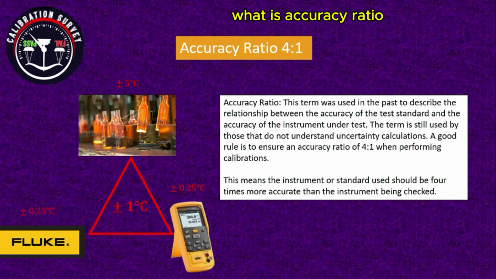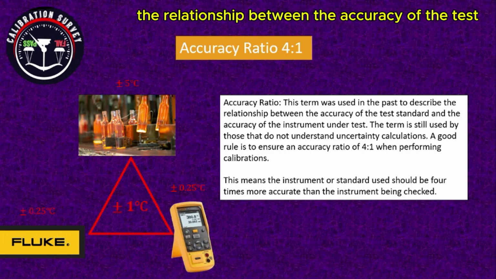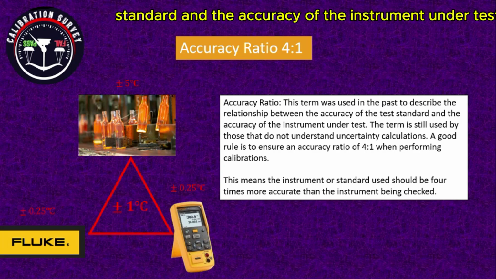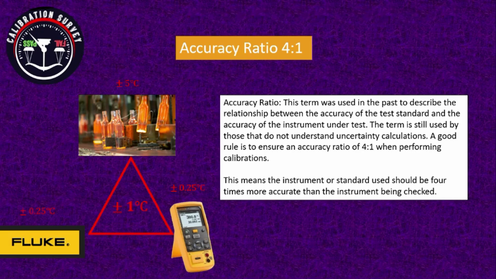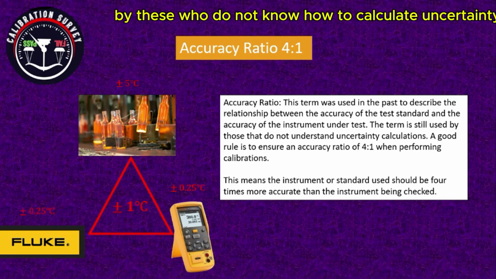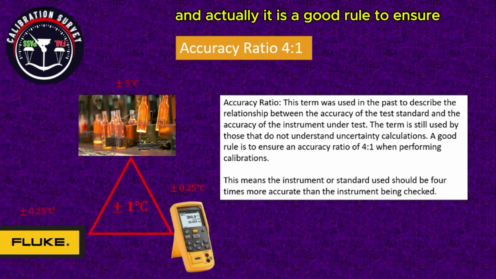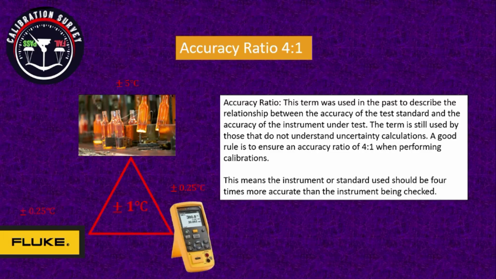So what is accuracy ratio? This term was used in the past to describe the relationship between the accuracy of the test standard and the accuracy of the instrument under test. The term is still used these days by those who do not know how to calculate uncertainty. And actually it is a good rule to ensure an accuracy ratio of 4:1 when performing a calibration. And what does this 4:1 mean?